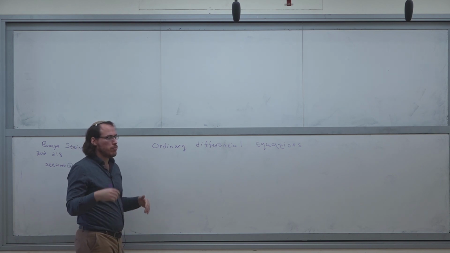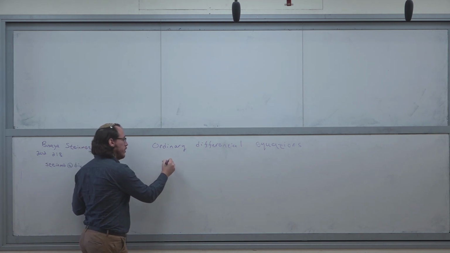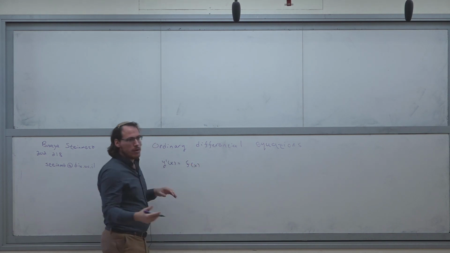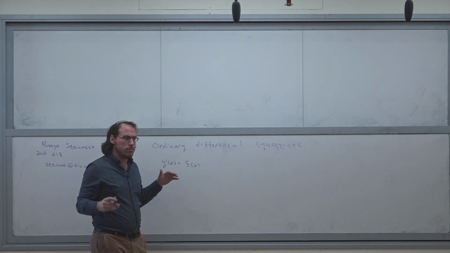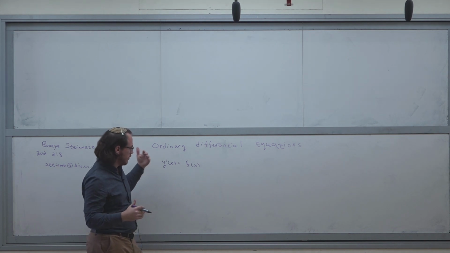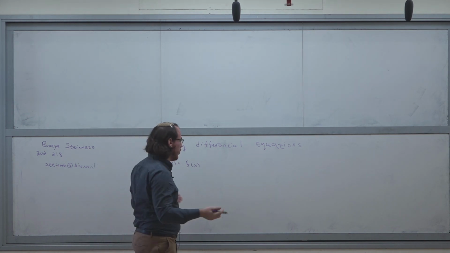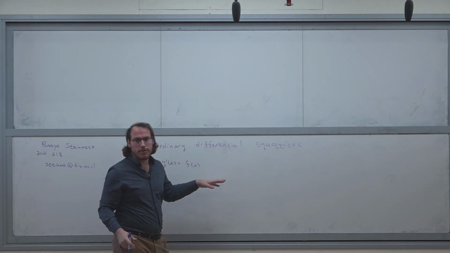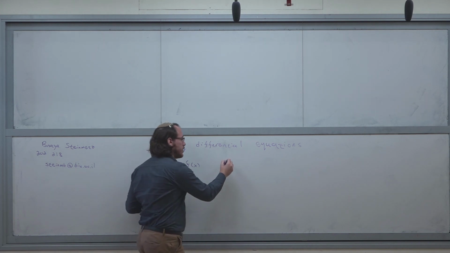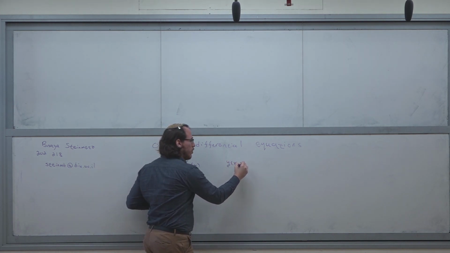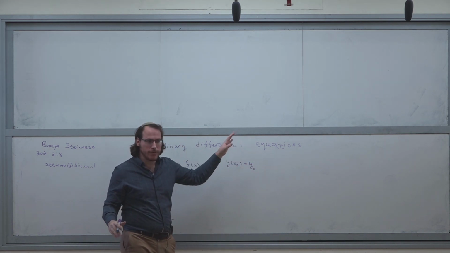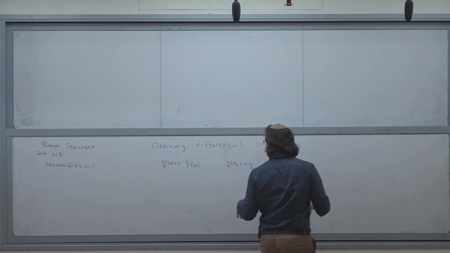A formal solution to any equation of the form y prime is equal to some f of x. We would call it a solution only if we have an initial condition. If I'm not writing any initial condition, I'm assuming something of the form y of x0 equal to some constants that I'm not worrying too much about.